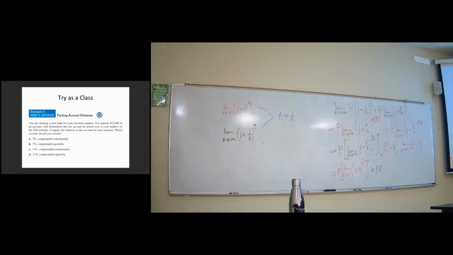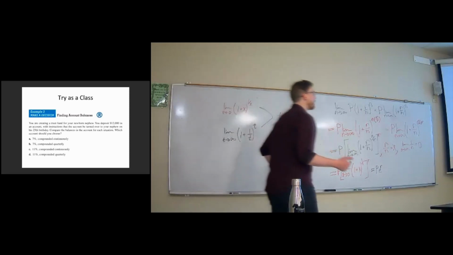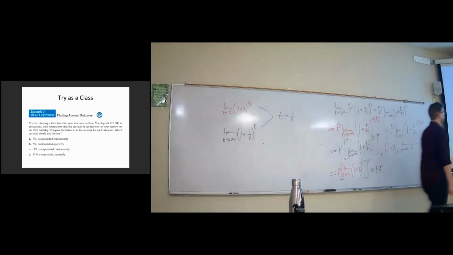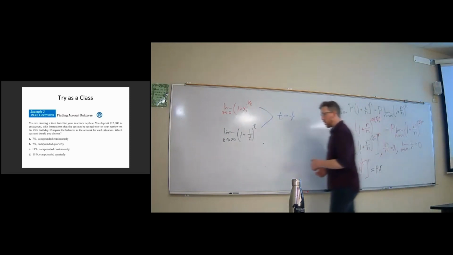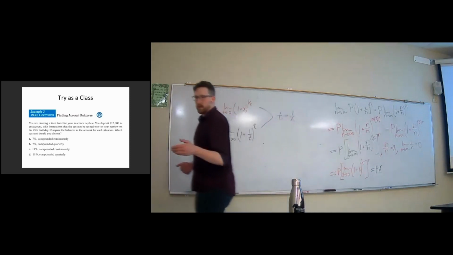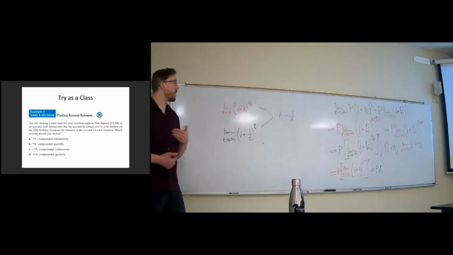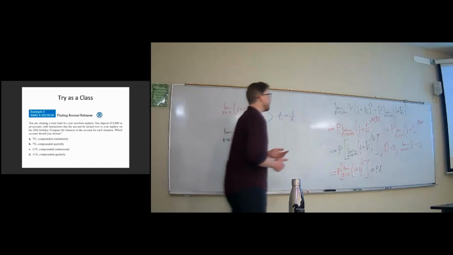All right, so as an example of where this problem might show up, let's say we deposit 12K into an account that's going to be incurring interest in different ways. So you deposit 12K on the day of somebody's birthday. It matures till they turn 25, and at 25, they can access it.